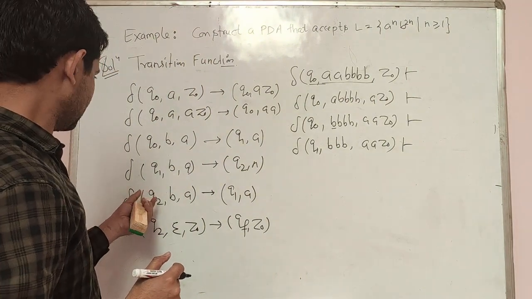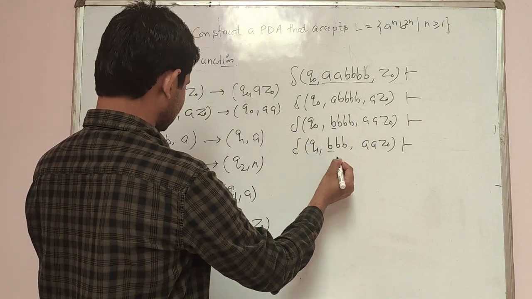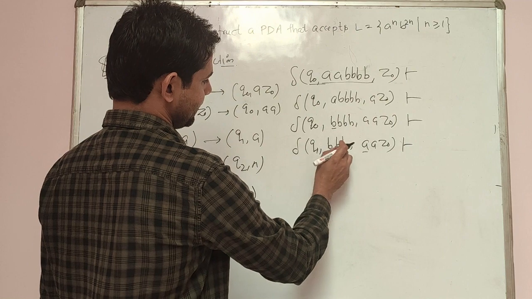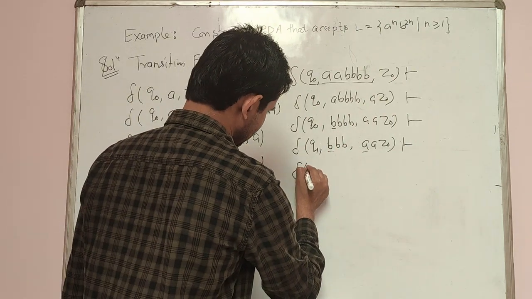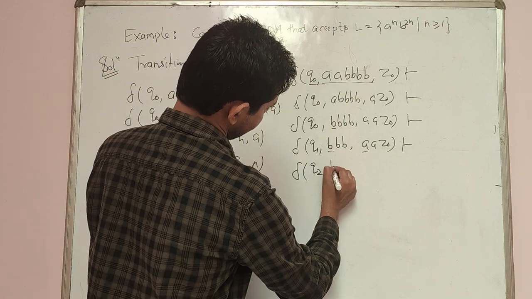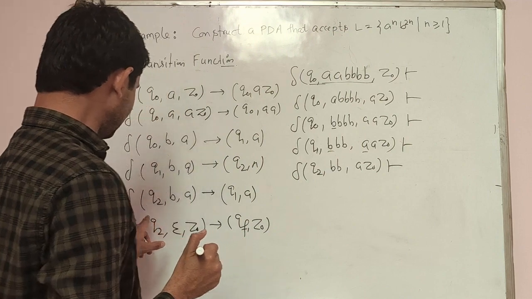We are on Q1, the symbol is B, and the stack top is A. In that case, we pop this A from the stack with this B, and the state will be Q2. It will be BB, then A, Z0.